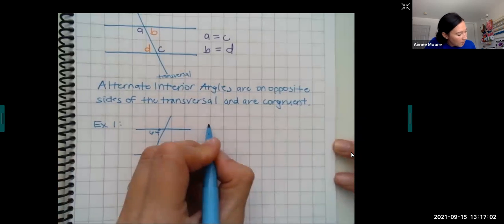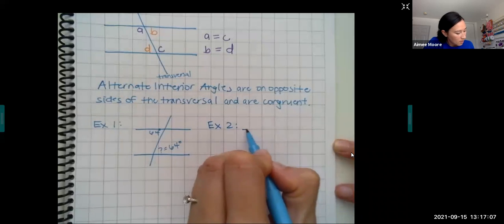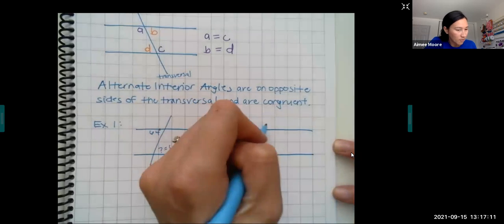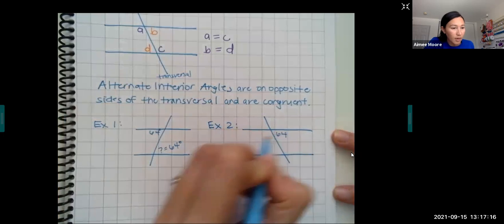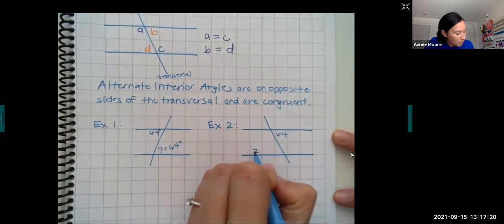Okay, and then we're gonna have to do some solving for our second example. So now we have 64 here, and then we know that this angle is 12x plus 4.